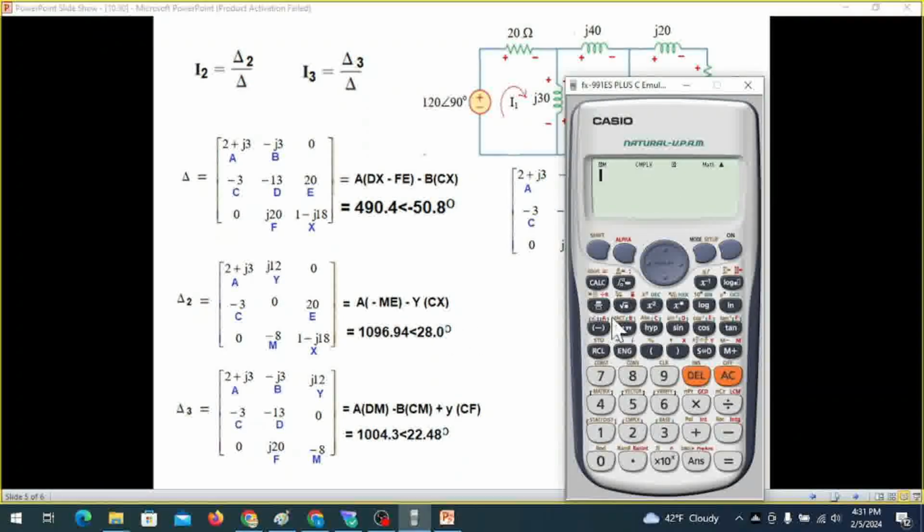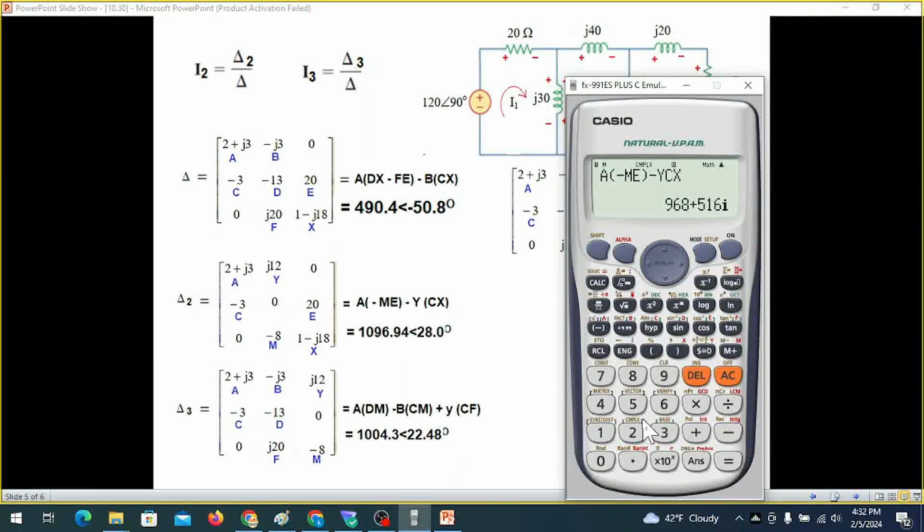A, alpha A, bracket, minus alpha M, alpha E, bracket close, minus YCX, minus alpha Y, alpha C, alpha X. We'll convert this into polar form.